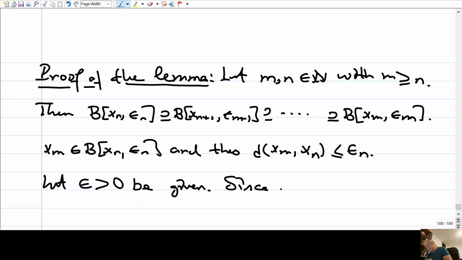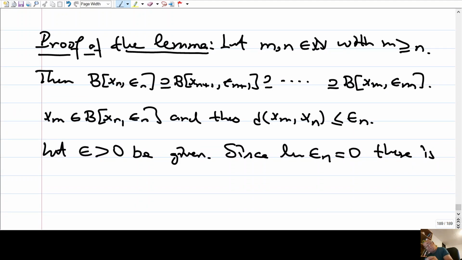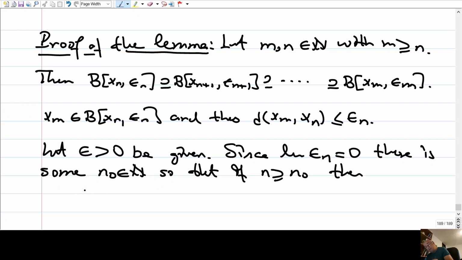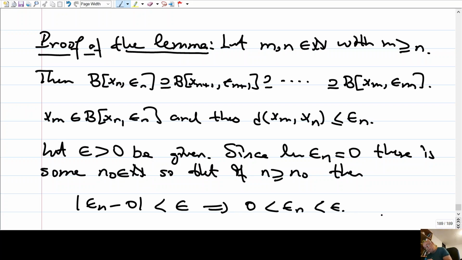Since the limit of epsilon_n is 0, and they are all positive, there is some n_0 so that if n is greater than n_0, then the distance between this real number and its limit is less than this epsilon. In other words, I have this. These are all positive, so I have this.